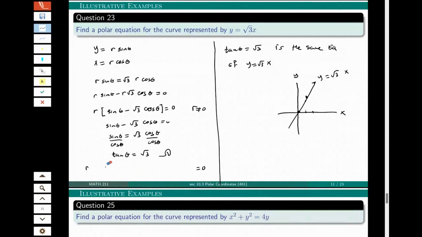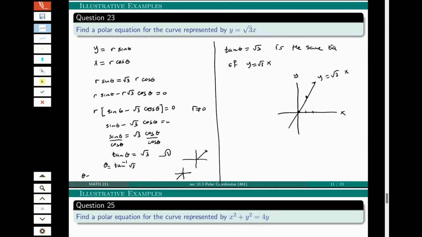So tan theta is equal to root 3 means theta will be tan inverse of root 3. So what's tan inverse of root 3? We have tan is positive in quadrant 1 and in quadrant 4.